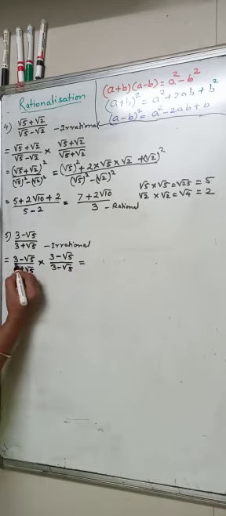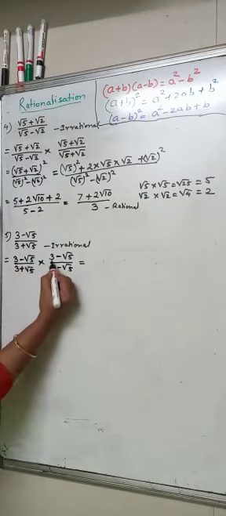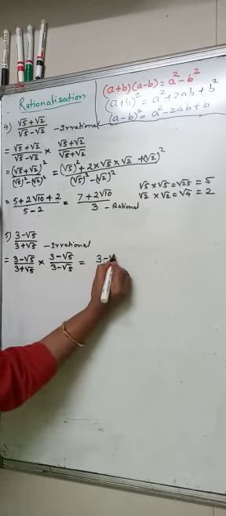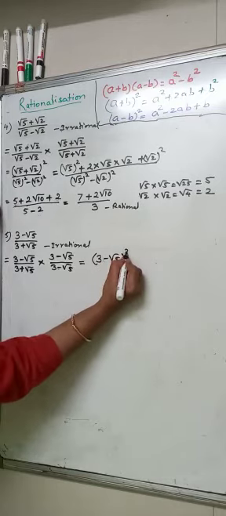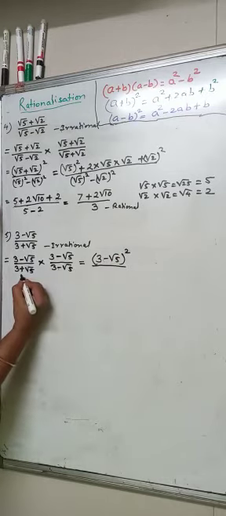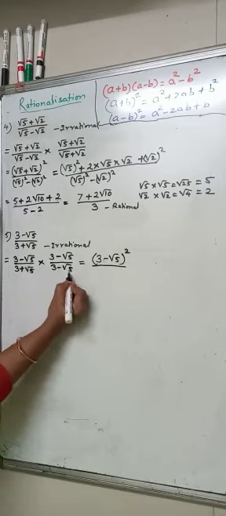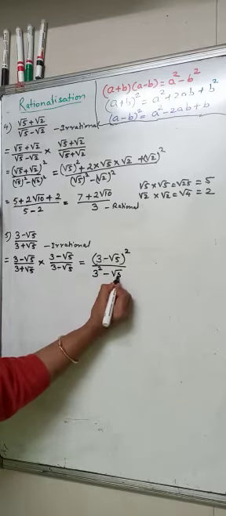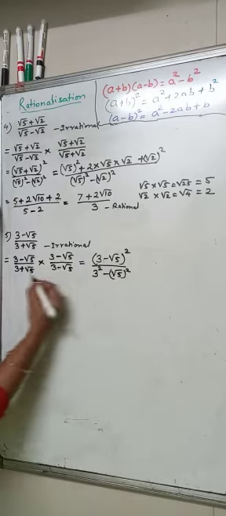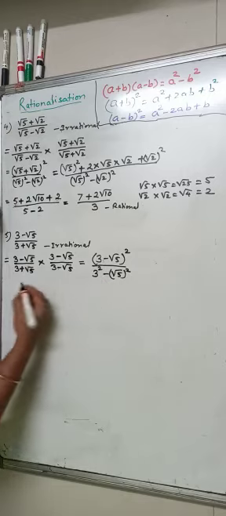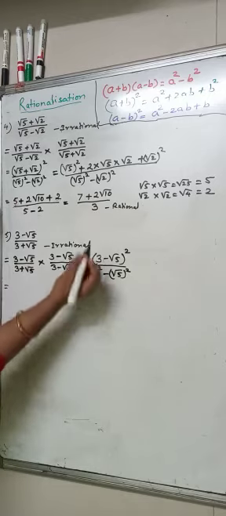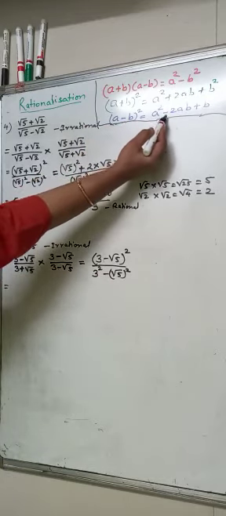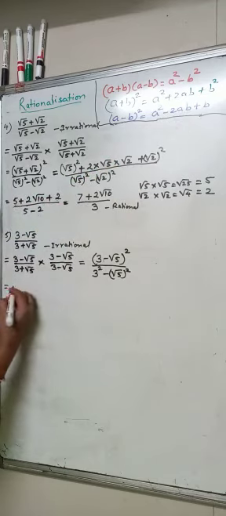That is equal to, now this is 3 − √5 and this is also 3 − √5. So we can write (3 − √5) the whole square upon, this is (a + b)(a − b), so we can write 3 square minus (√5) the whole square, a square minus b square. In the numerator, we use the identity (a − b) the whole square, that is a square minus 2ab plus b square.